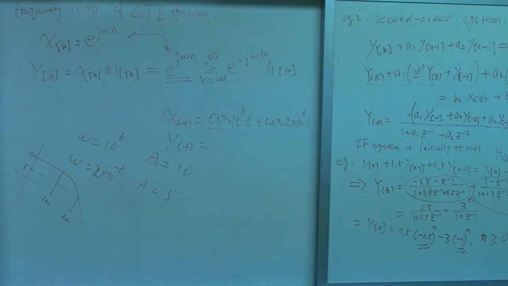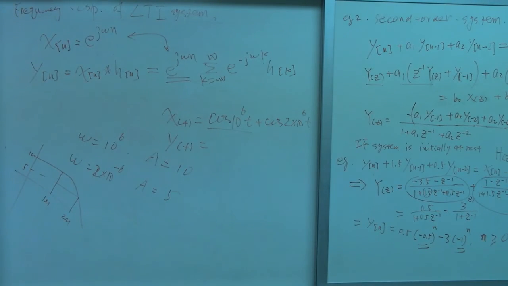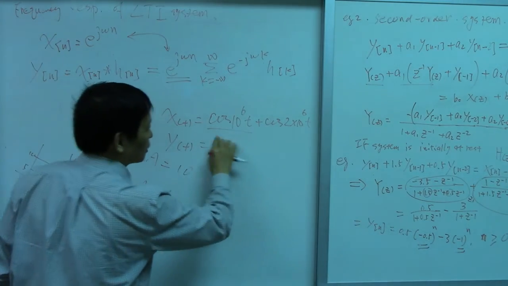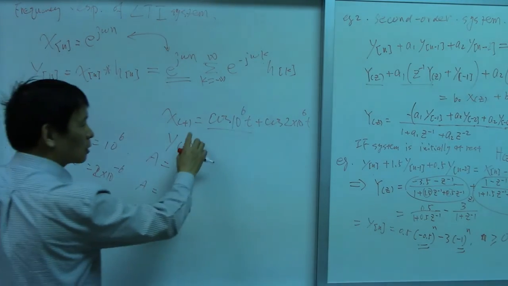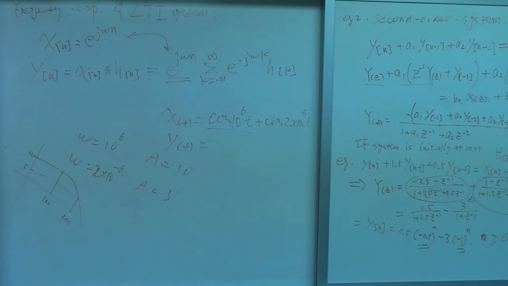You have two sources, you think superposition, right? And this only works for linear time invariant systems. So now you can see everything is connected. We said this one is the only voltage source here. So what is the output for this voltage source? We mentioned this at the very beginning.